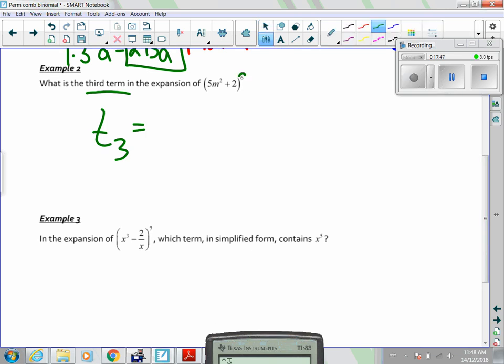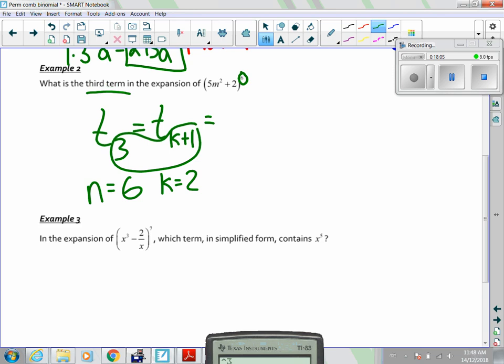So it's going to be, my n is 6. Let's actually do the whole thing here. So you go T(k+1). And now we've got our little mini equation. k plus 1 equals 3, k equals 2. We already know our n. Our n is 6 because it's the exponent.